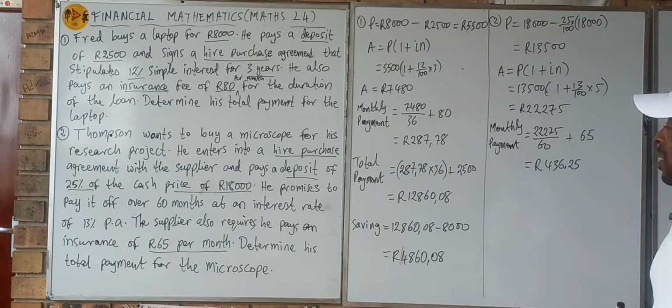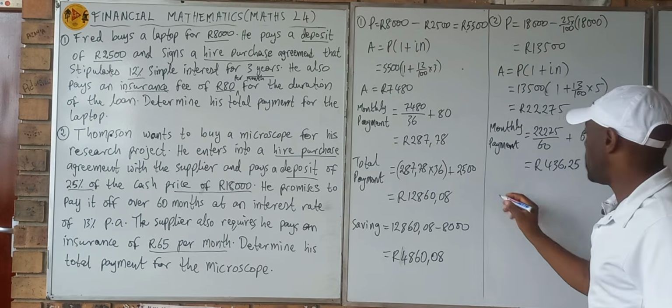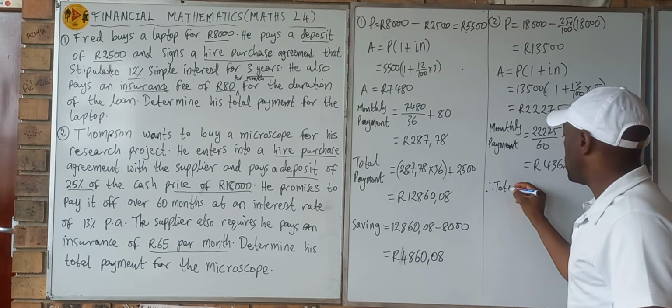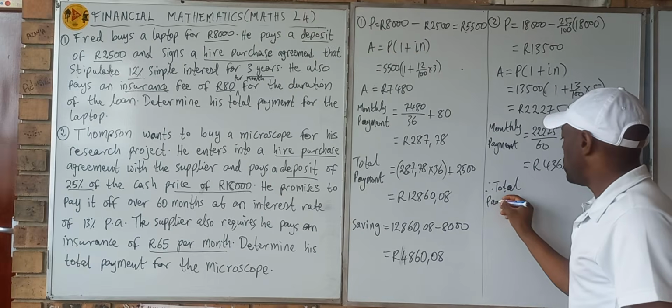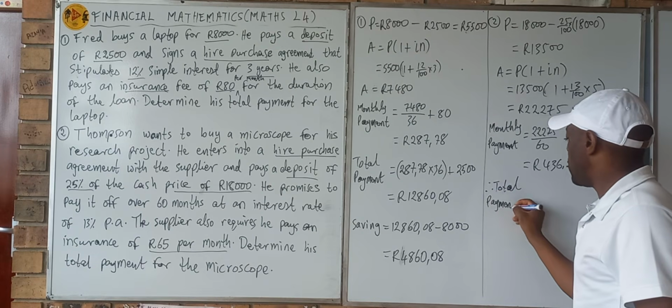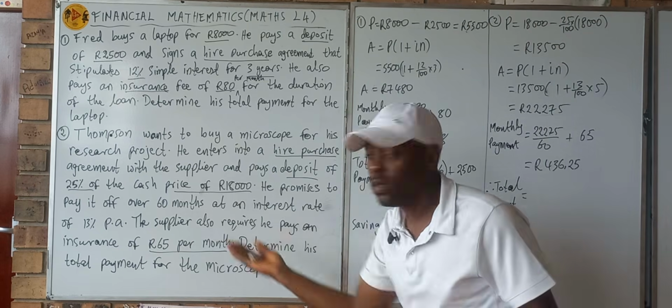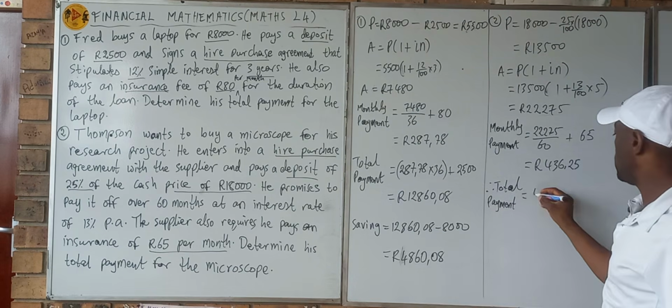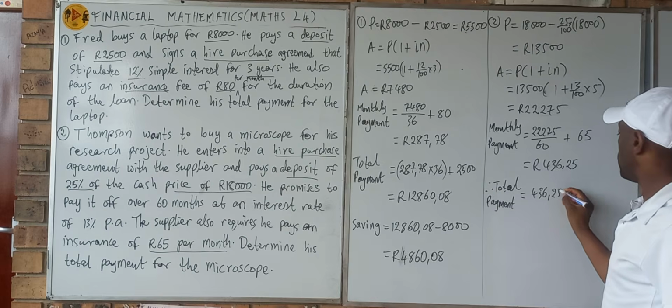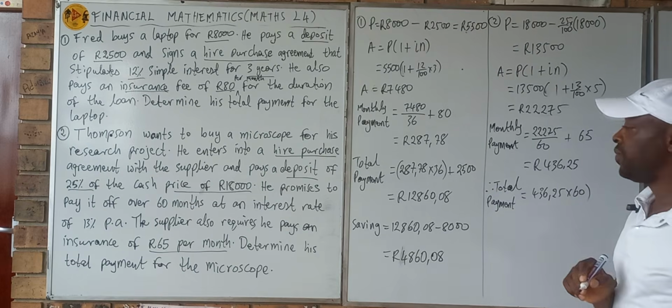So from this monthly payment, our target is our total payment for the microscope. Therefore, the total payment will simply be the monthly payment multiplied by the total number of months, which of course here is 60. So my monthly payment is 436.25 times 60.